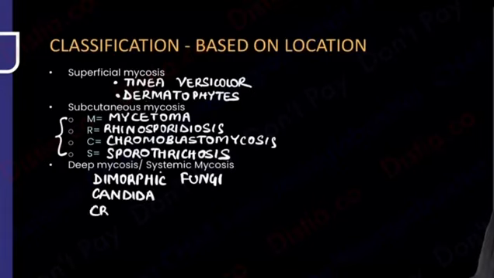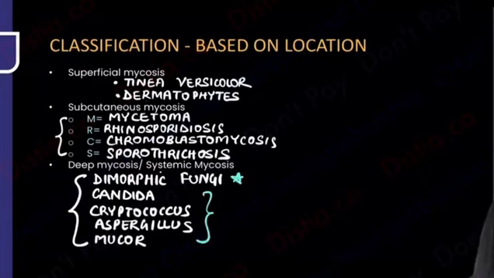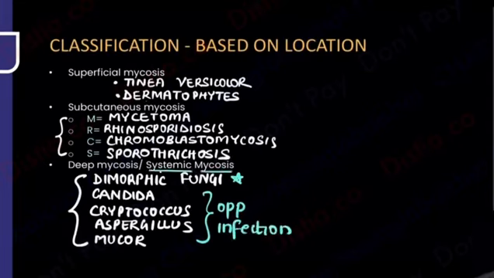Like for example, we have Candida, we have Cryptococcus, we have Aspergillus, we have Mucormycosis. So all of these remaining ones, in simple words, how I have learnt it is, all the dimorphic fungi, number one, and all these opportunistic infections that we have, all of these are going to involve the organs. They will involve the different systems, right?